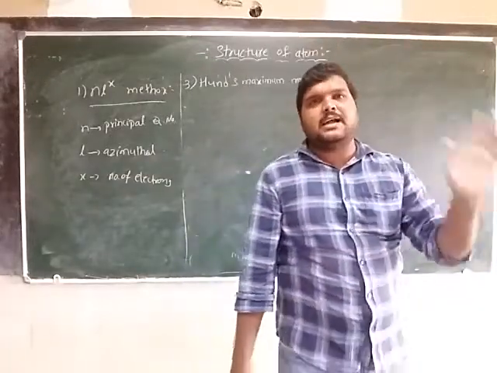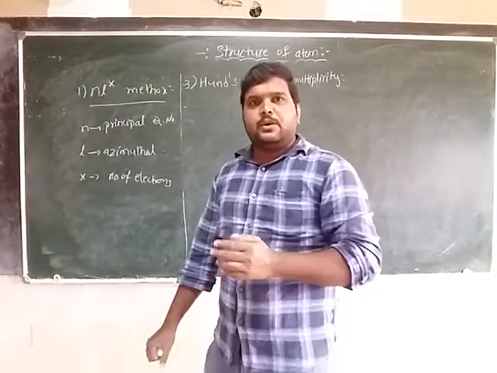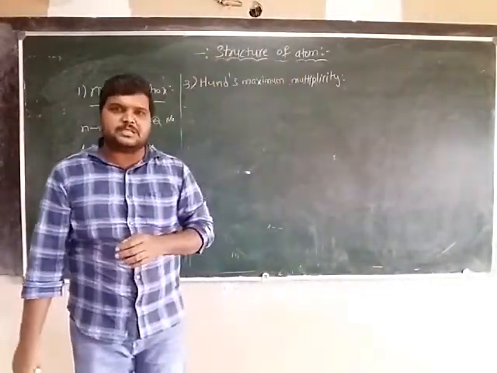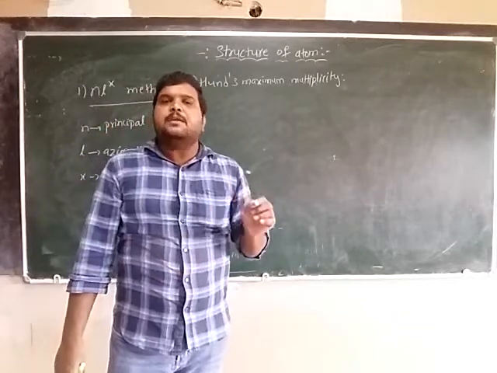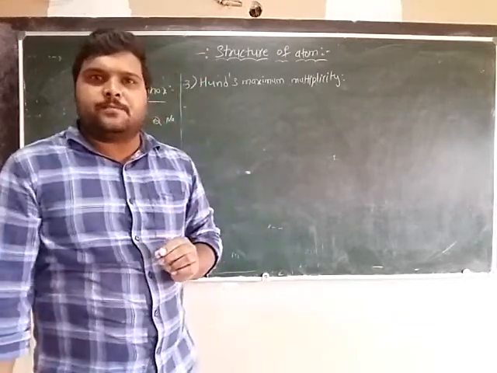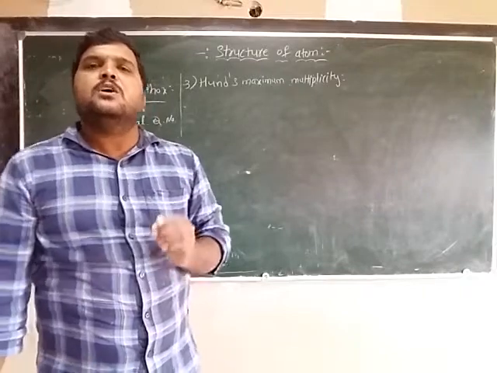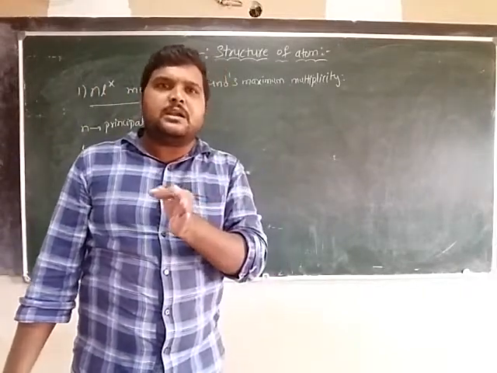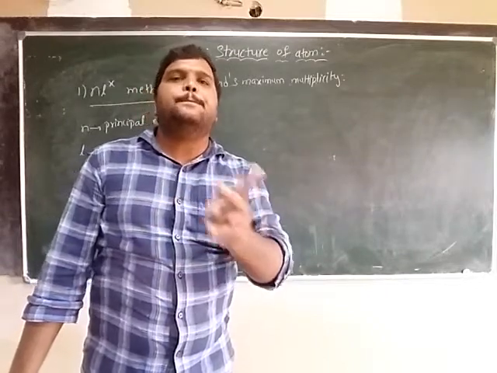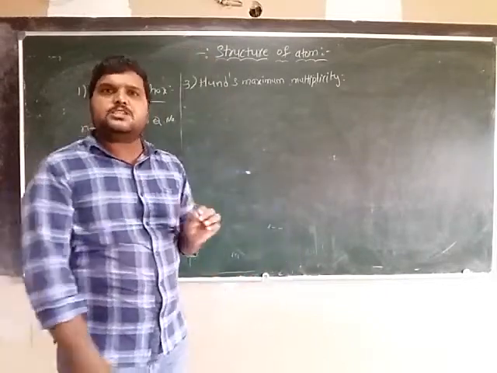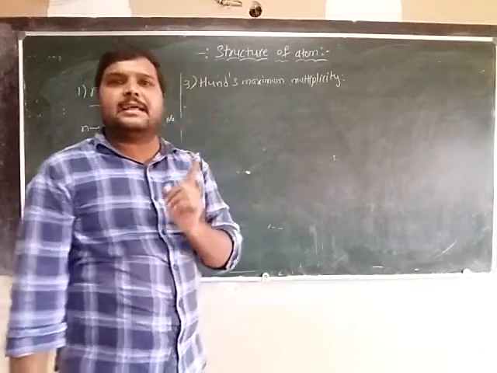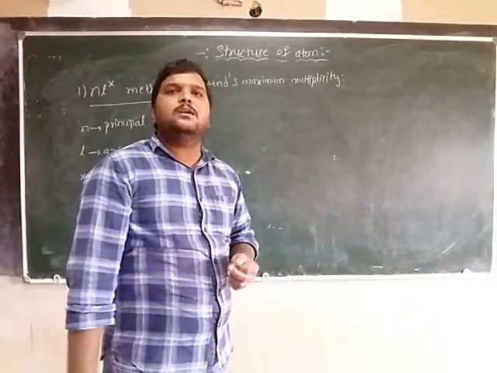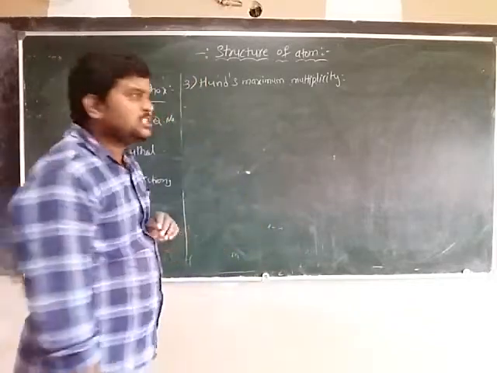The orbitals which have equal energy we call degenerate orbitals. What does Hund's maximum multiplicity rule explain? In the degenerate orbitals, first each orbital fills with 1 electron, then pairing occurs. That is called Hund's maximum multiplicity rule.